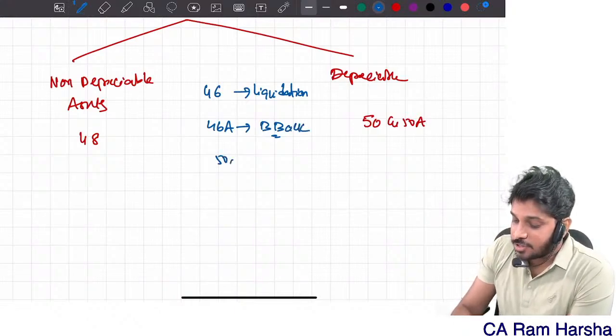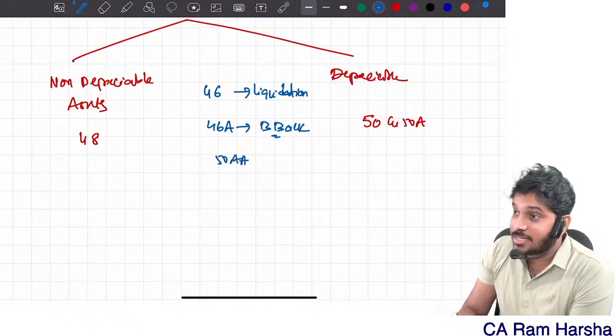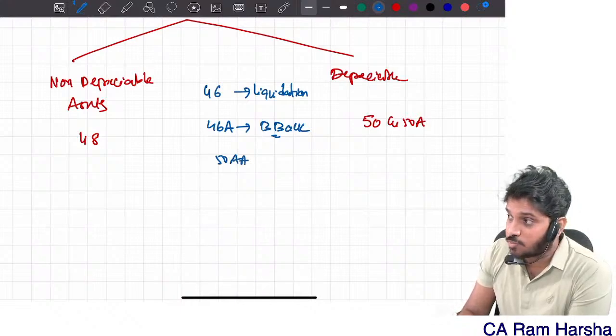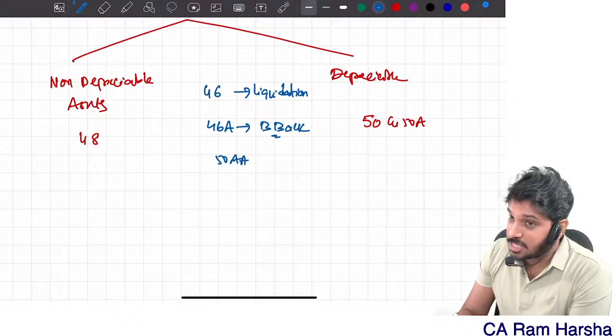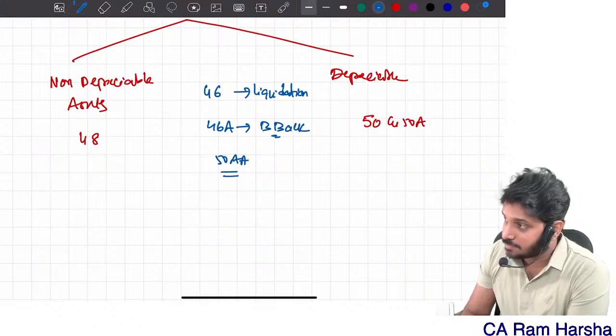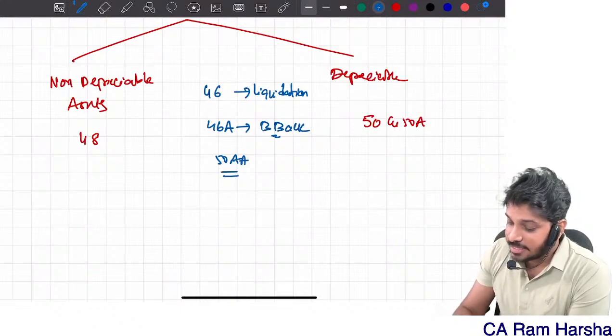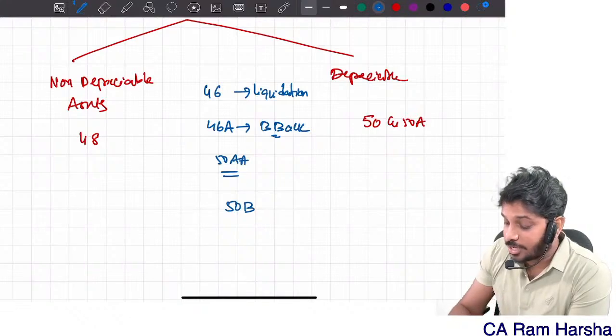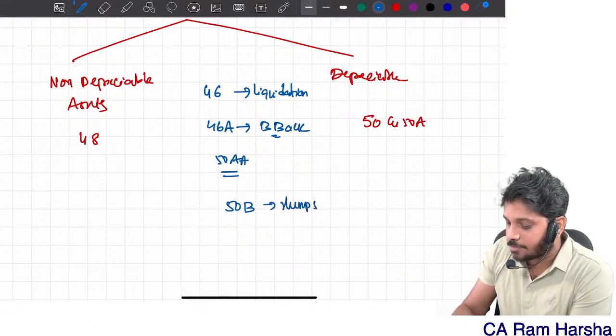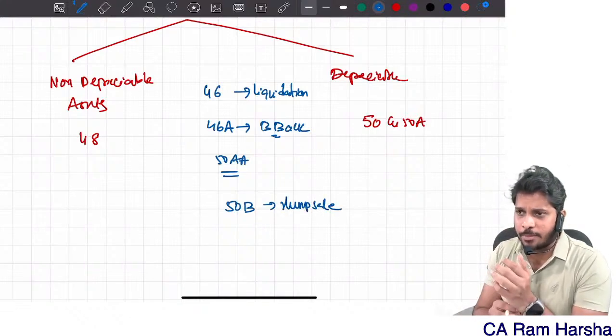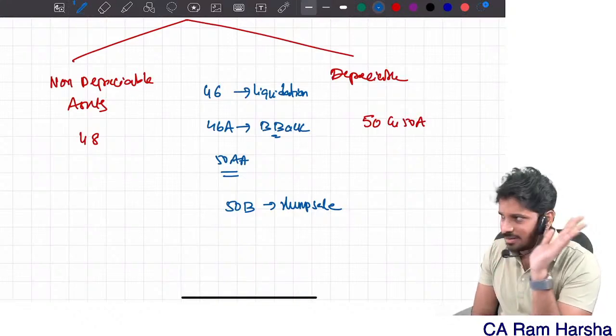There is another section which talks about capital gains for market linked debentures, units of specified mutual funds, unlisted debentures and unlisted bonds, with effect from 23rd July. This section has an amendment. And another section which also talks about computation of capital gain is slump sale.